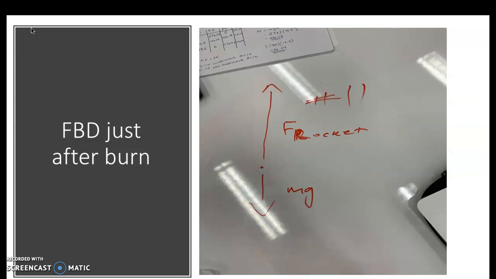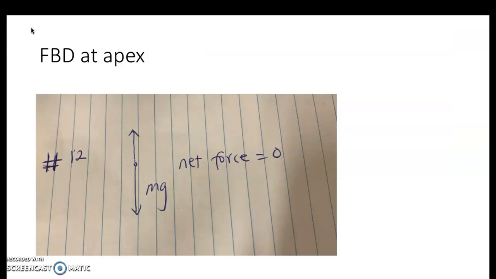Here's a free body diagram just after the motor rocket burn. There's an mg pointing down. There's also the force of rocket pointing up, because at this point, although it's not going as fast, it still has a net force in the upwards direction. At the apex, there's no acceleration and there's a net force of 0 as it temporarily stops at the apex.